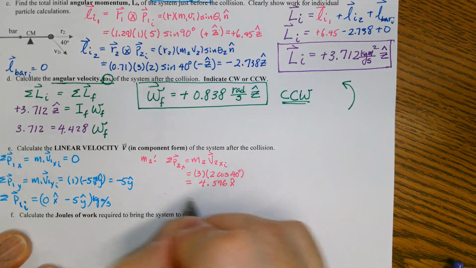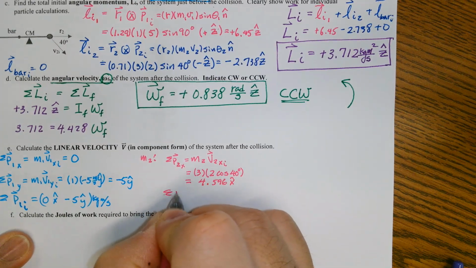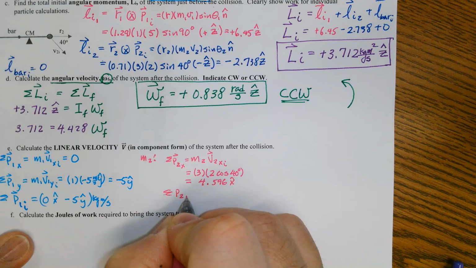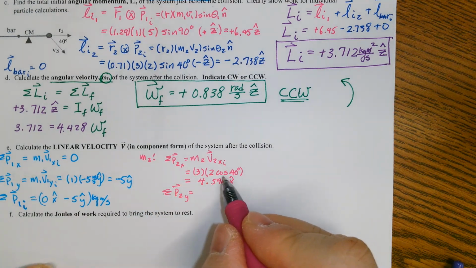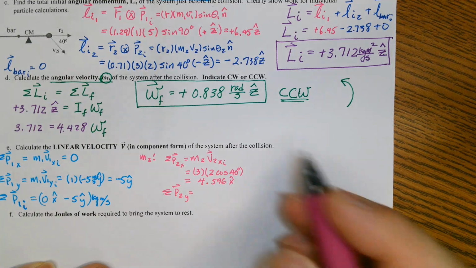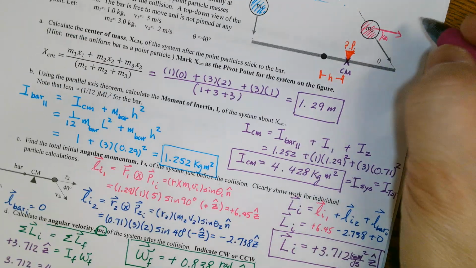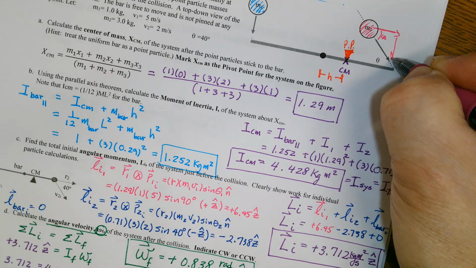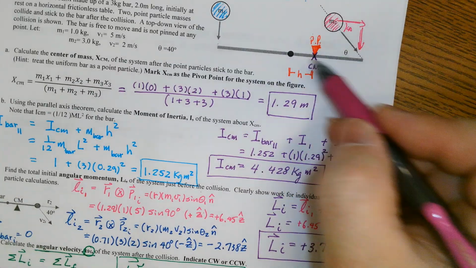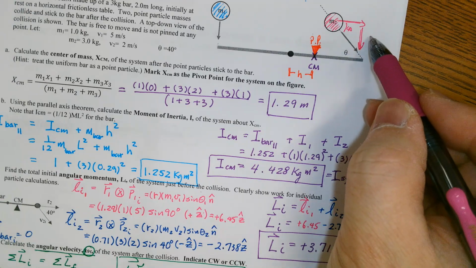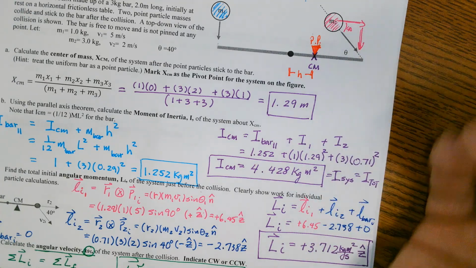And then the sum of momentum for mass 2 in y is basically the same thing but with sine of 40. However, because it is going down this way, you better make that negative 40 degrees or 320, or just make it negative and then put sine of 40.